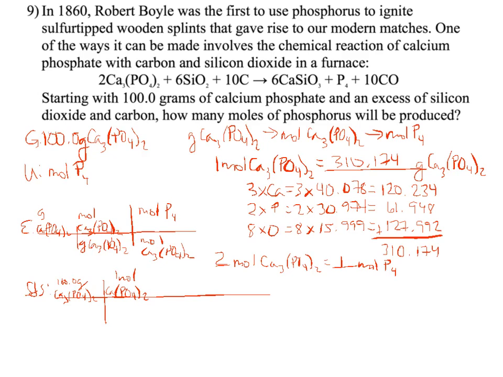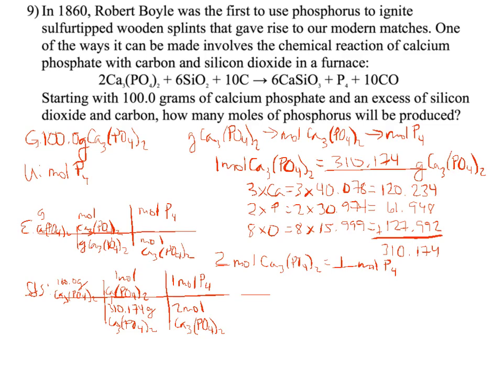And we are given the mass of 310.174, that's what we calculated the molar mass of calcium phosphate to be. And then we do our mole-to-mole ratio. There's 1 mole of phosphorus and 2 moles of calcium phosphate.